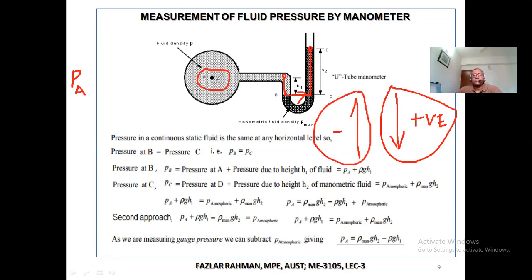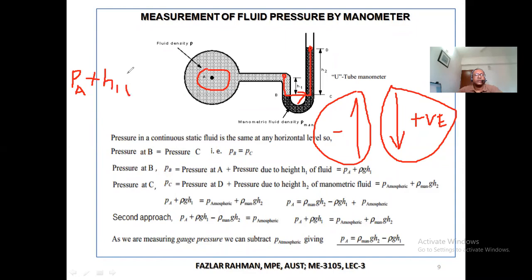So let's start from point A. Point A means you are right over here. Then come to point B. That means you are going down, so obviously I'm putting a plus sign. How much going down? Height H1.